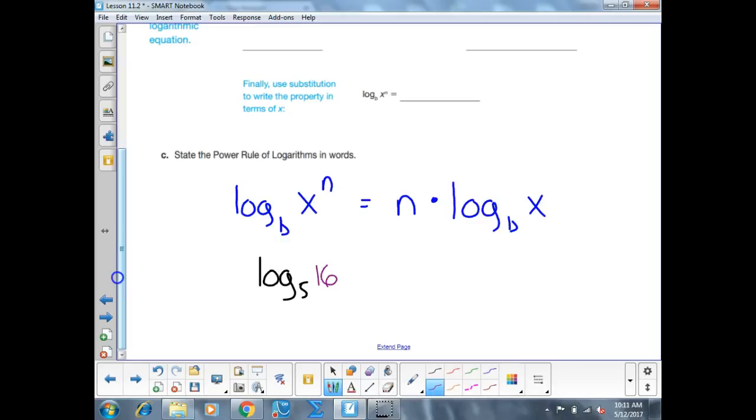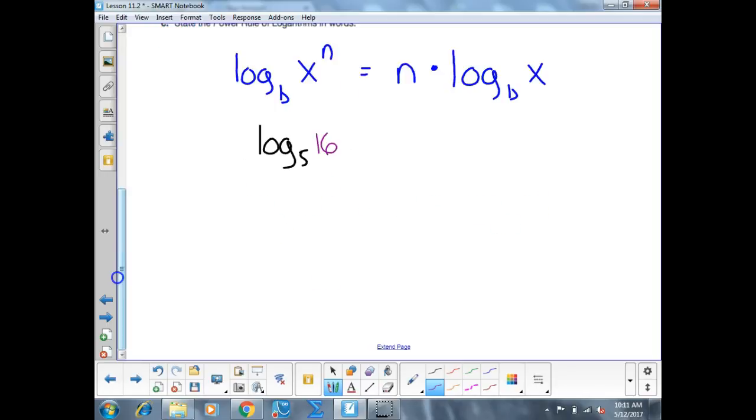Okay. 16 is what in terms of a power? 4 squared, right? Okay. So it could be one of those two, right?